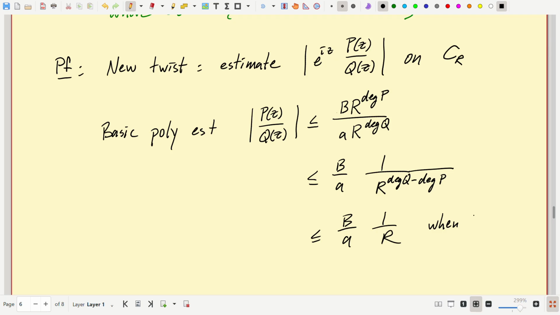So the biggest that can be would be that when r is bigger than 1, so that the degree of Q minus degree of P is greater than or equal to 1.